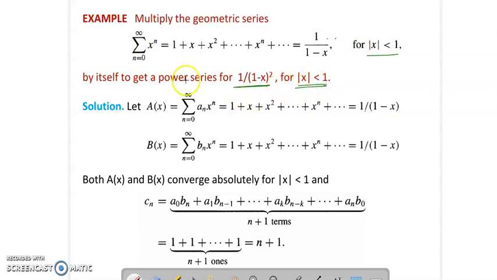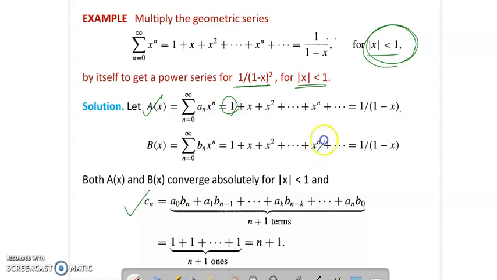Okay, so very easily consider A(x) to be equal to this series and B(x) also to be equal to this series, and we know that both A(x) and B(x) converge absolutely for |x| less than 1, and define your Cn's. Cn will be equal to a0 times, so basically what will be the coefficient of x to the power n?